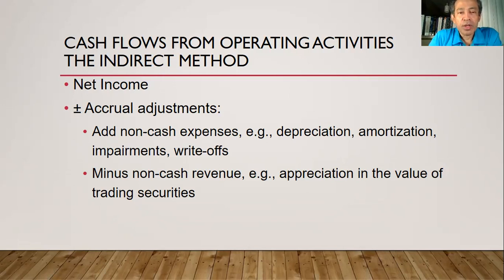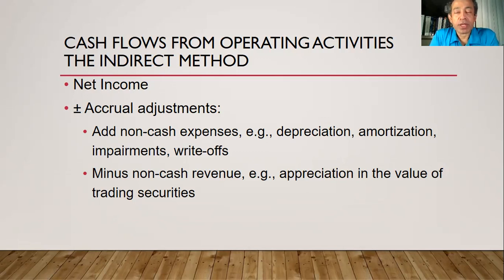So let's say for a university, a hospital, a doctor's practice, or a lawyer's practice, everyone has investments in stocks and bonds, and many of them call them trading securities, like speculative securities. They invested in those stocks and bonds for speculative purposes.